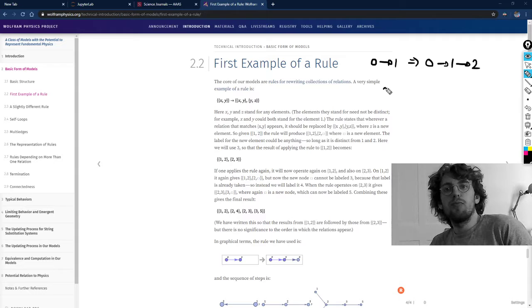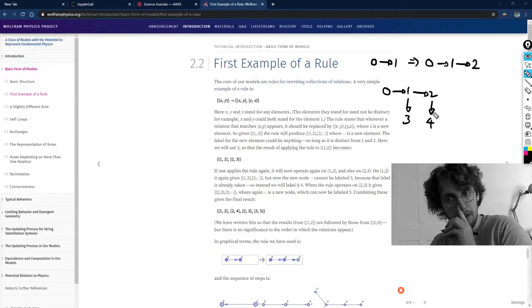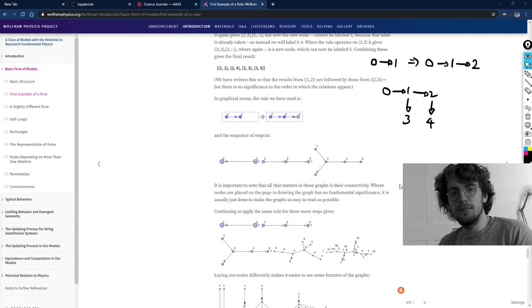Then 0 to 1 can again be extended to 3 and to 4. They actually order from 1, which is insane, but okay.